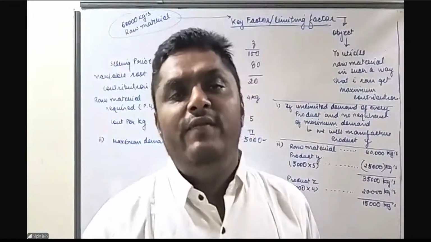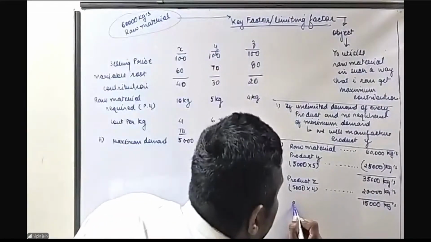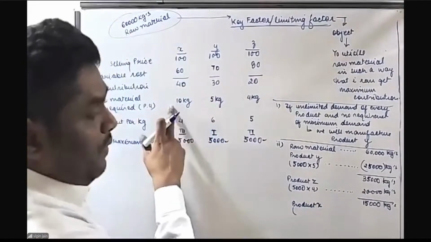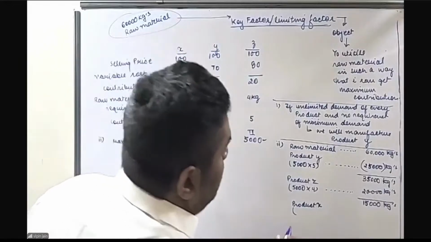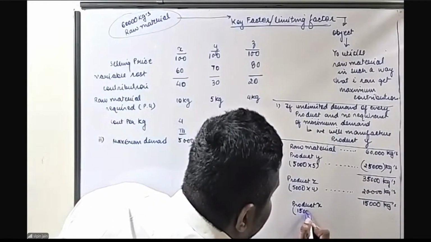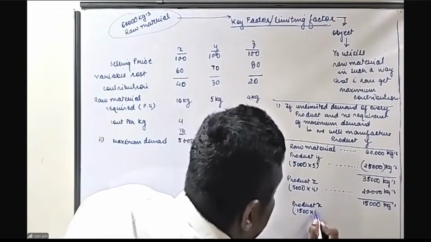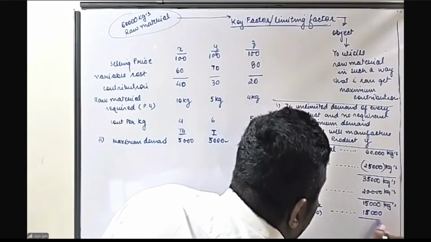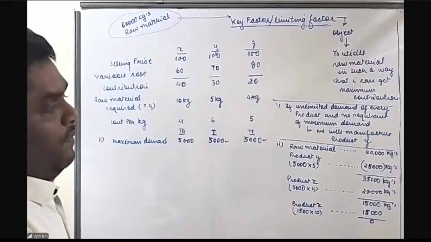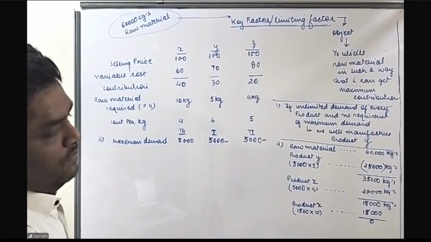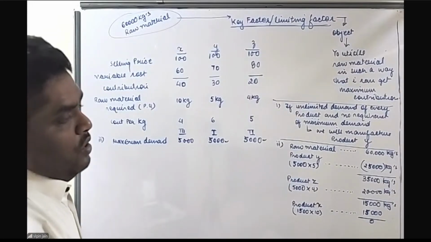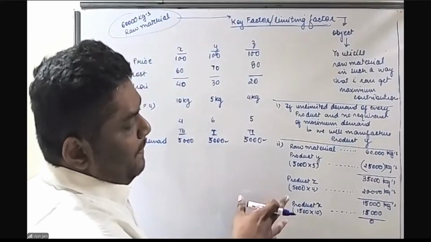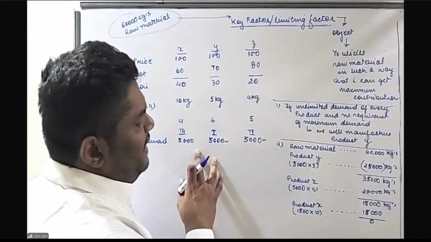So lastly, we will manufacture product X. One unit requires 10 kgs. So only 1,500 units will be manufactured for product X. So in short, for product Y, we will be manufacturing 5,000 units.